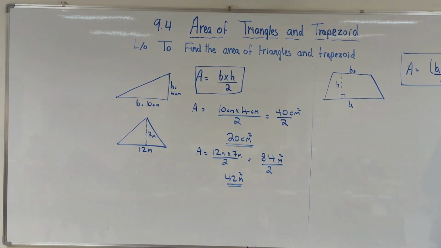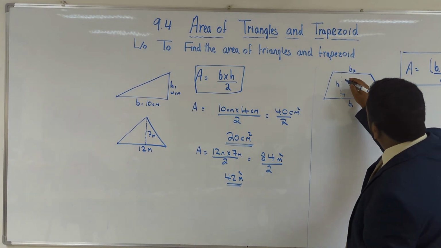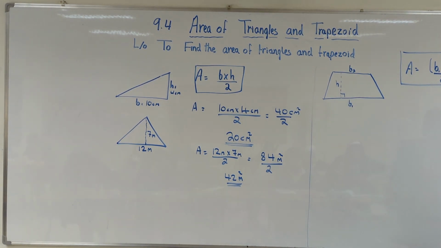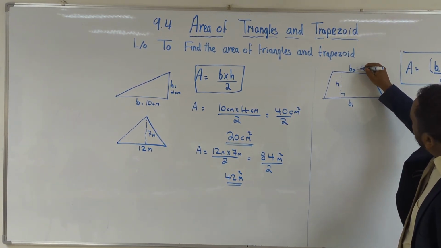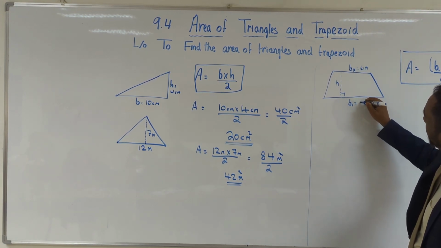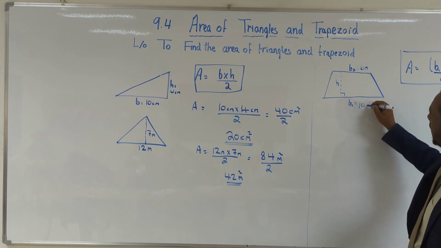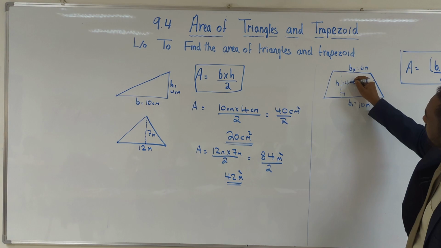So let's use some numbers here. We have 6, 10, 4. Here is 6 meters, here is 10 meters, and here is 4 meters.